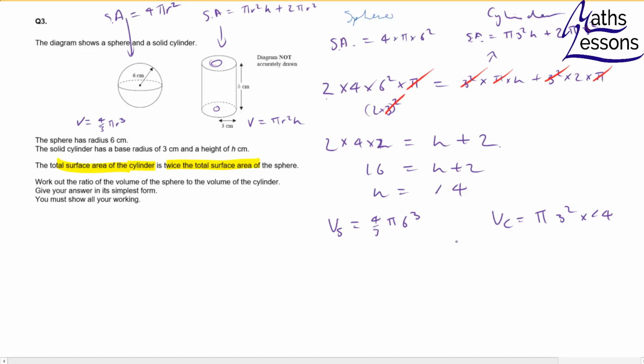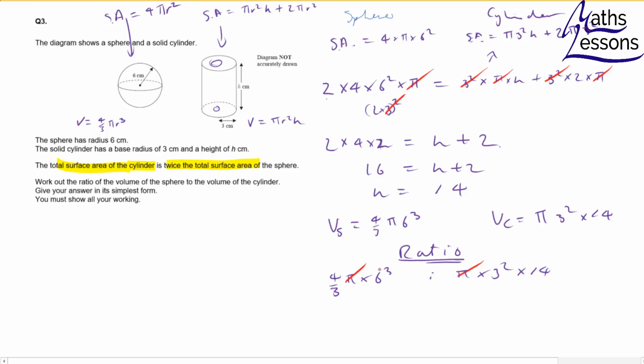Now what we can do for the ratio, okay, we've got 4/3 pi times 6 cubed to pi times 3 squared times 14. Straight off again we can cancel out the pi's. We can do some other cancelling down.